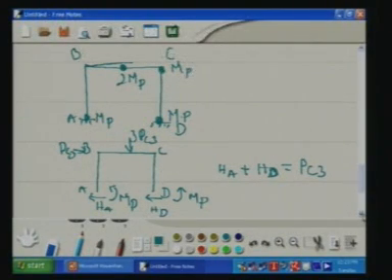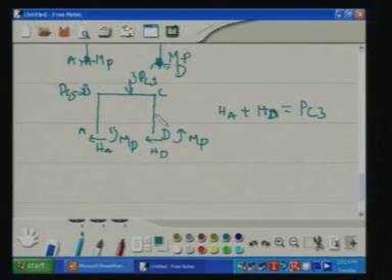Again, for calculating the value of HD, why are we doing this? Because we have to know the value of HA. To calculate the value of moment at B, we have to consider the free body diagram of column AB, for which we will require the value of horizontal force at A. So before doing this, we are calculating the value of HA.